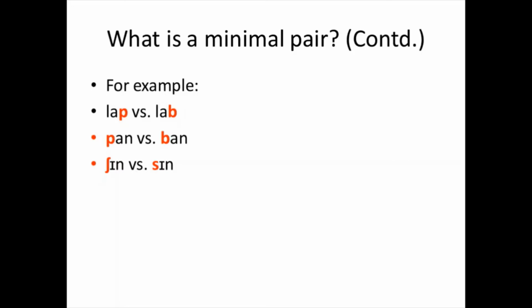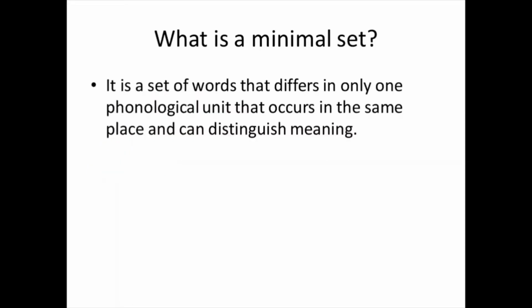So the difference will not be in the same place. Again, the second example, pan versus nab, will also not be minimal pairs because the arrangement of the sounds are not the same for us to contrast one phoneme occurring in the same place. So that is for minimal pairs.